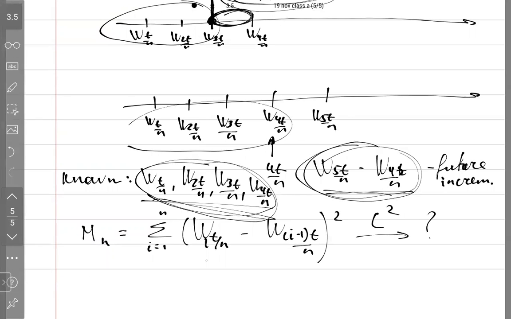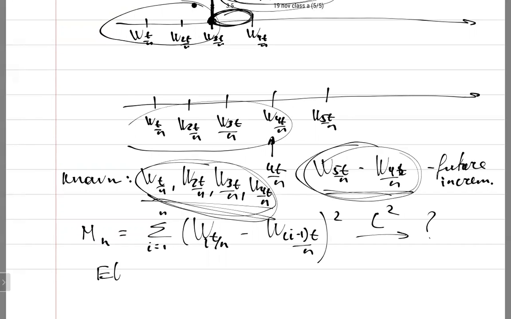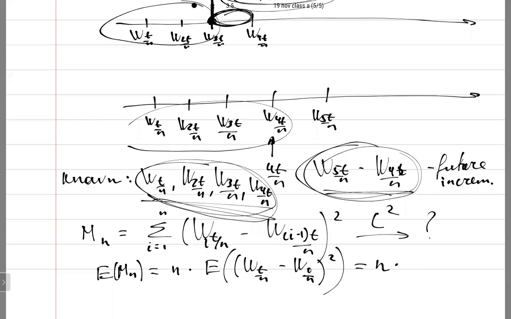The expected value of Mn is n times the expected value of (W t over n minus W0) squared. This expected value of squared Brownian motion is equal to its variance. The variance is t over n, so it's n times t over n, it's t. And when n tends to infinity, it's t.